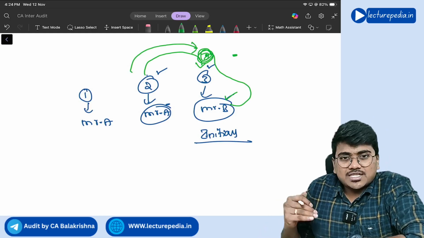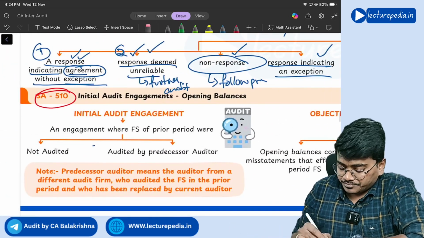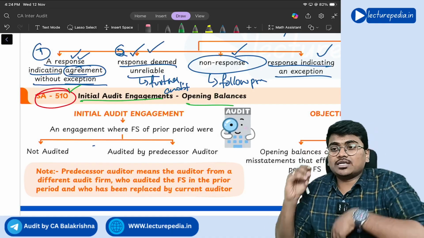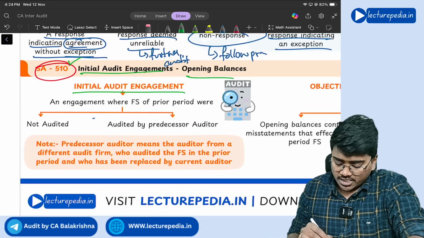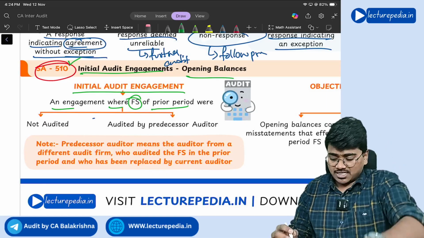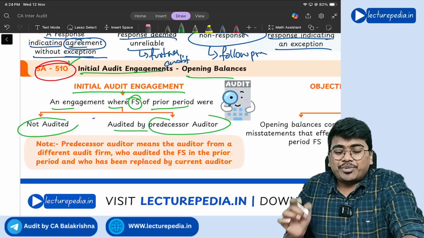From this aspect, SA 510 will be dealing. See, SA 510, initial audit engagement with respect to opening balances. First of all, what is meant by an initial audit engagement? An engagement where the financial statements of the previous year were not at all audited or were audited by a predecessor auditor.